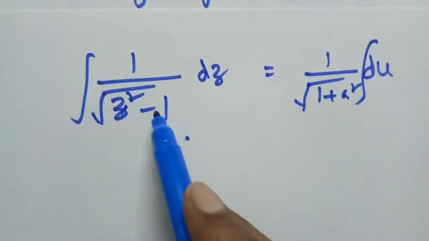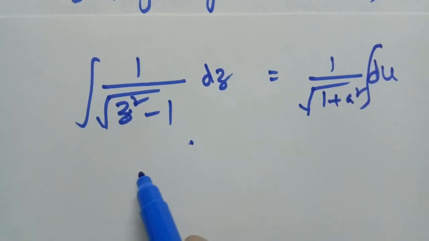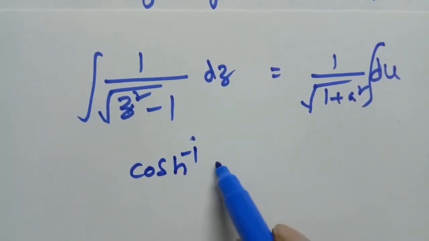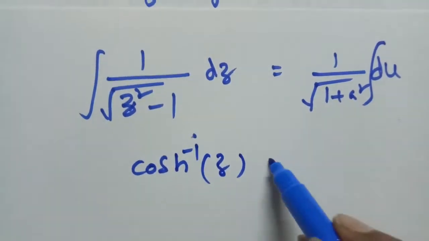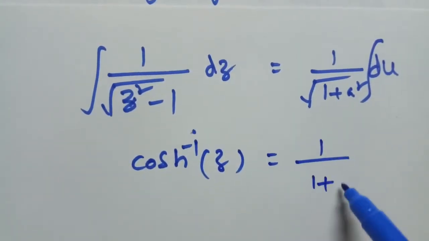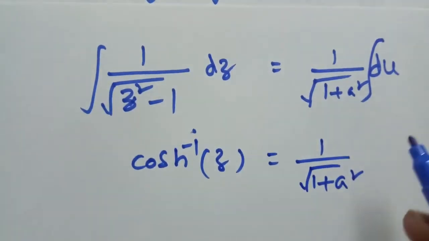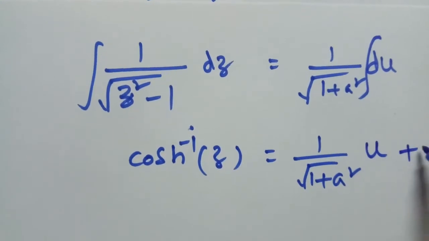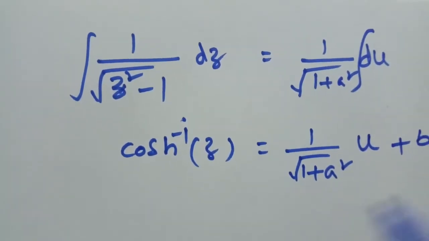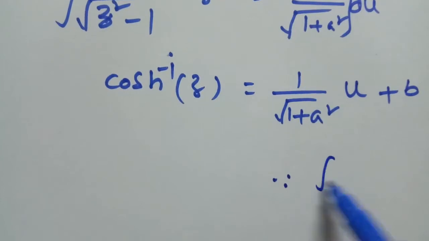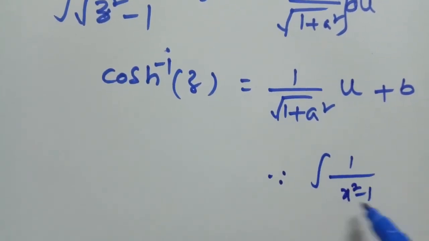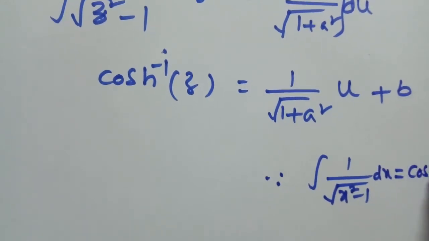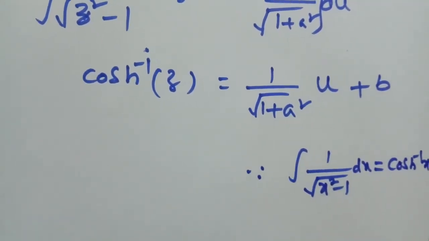Integration of 1 by root of x square minus 1 is cos h inverse of x. Therefore, here cos h inverse of z is equal to 1 by root of 1 plus a square into integration of 1 with respect to u, which is u, plus constant of integration b, since integration of 1 by root of x square minus 1 dx is equal to cos h inverse x.